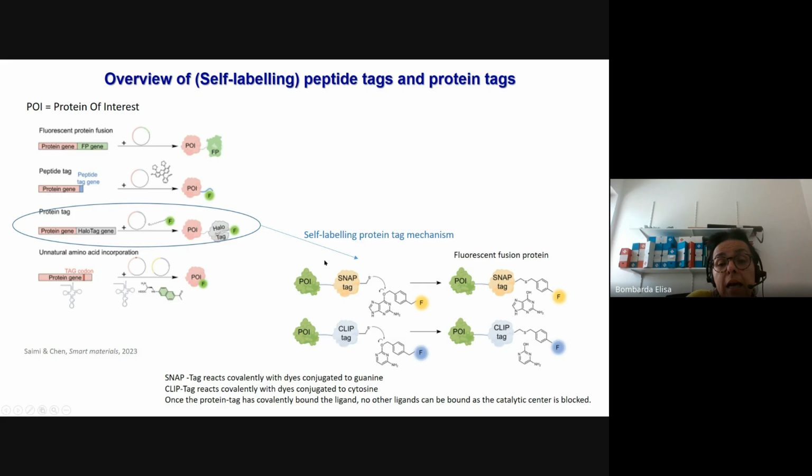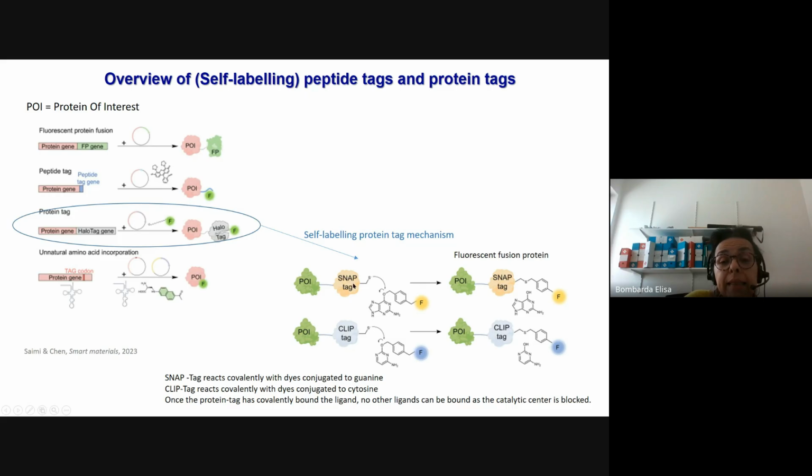So what is done? How is it done? First of all, you need to express your protein of interest, here in this case in green, together with the SNAP protein.